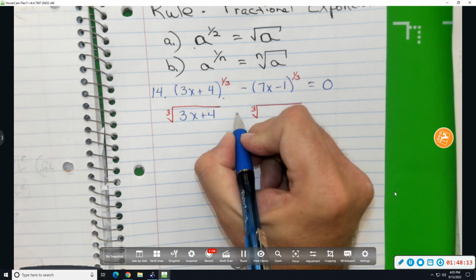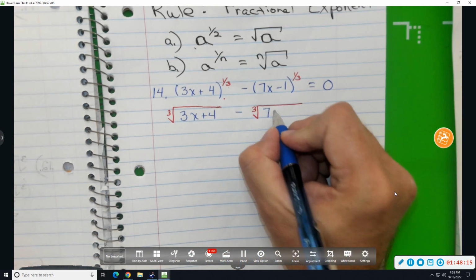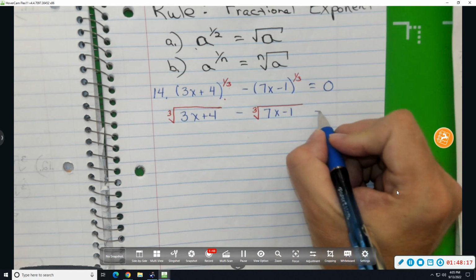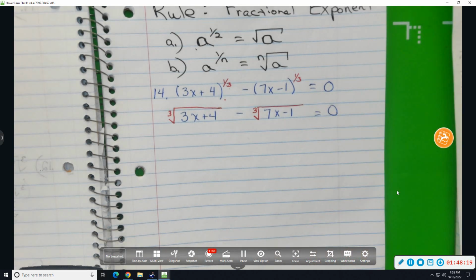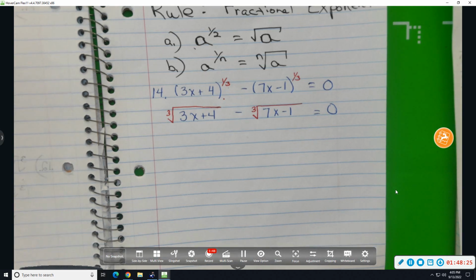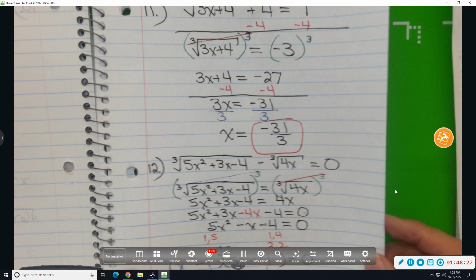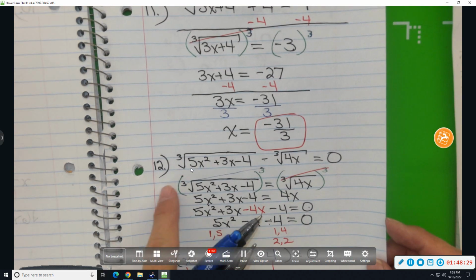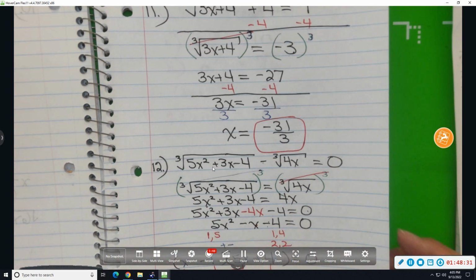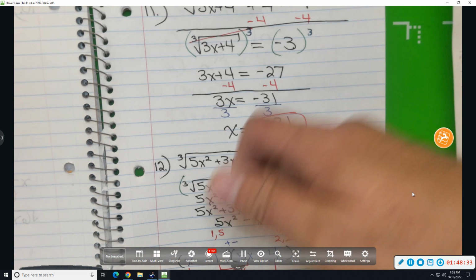Before the semester is over, you'll be a master of working with exponents like that. But once you've rewritten number 14 with the cube root, isn't it going to be sort of like number 12, but without all the exponents? I think it's going to work out a lot easier than number 12.